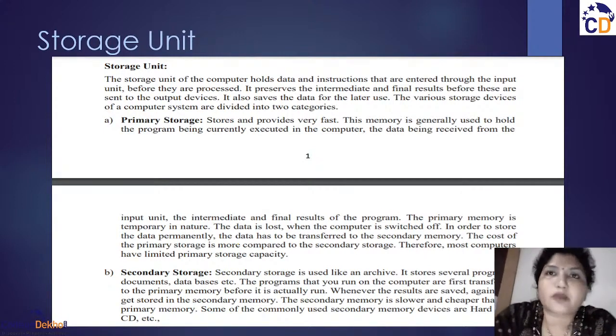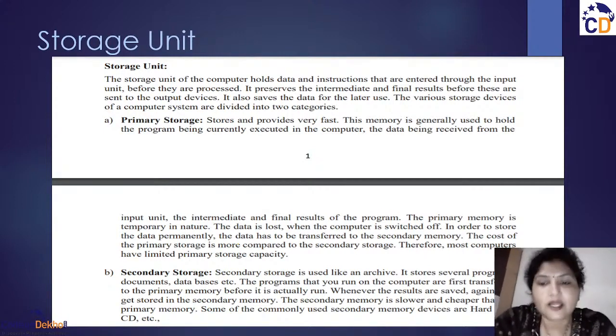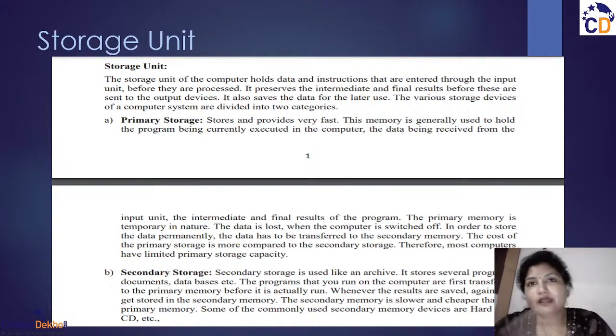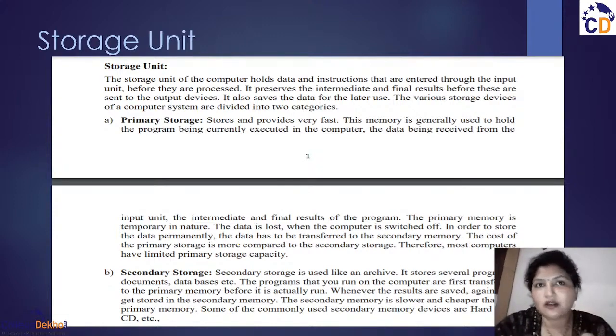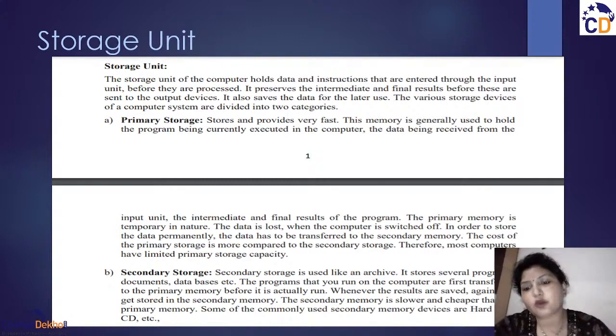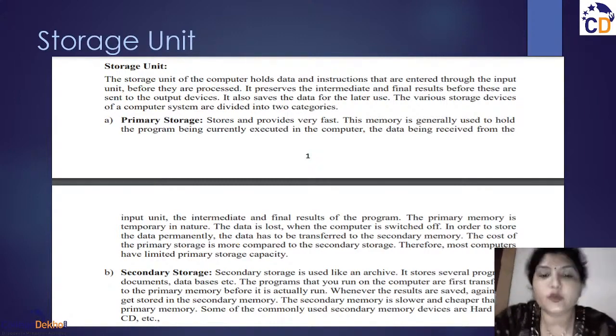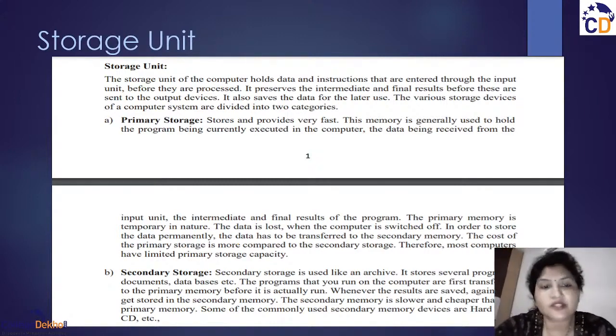Like I'm searching for a PowerPoint, some file name is this, then the computer is going to search and locate that particular file. And once it searches in the memory and gives you the output, only then is it going to provide you some output through monitors, or whatever output devices it is going to use, right? So it preserves the intermediate and final results before these are sent to the output devices.